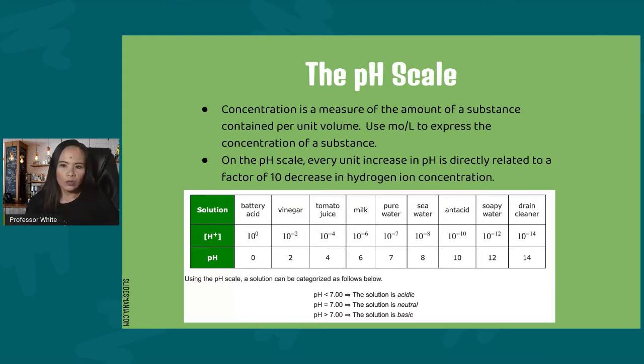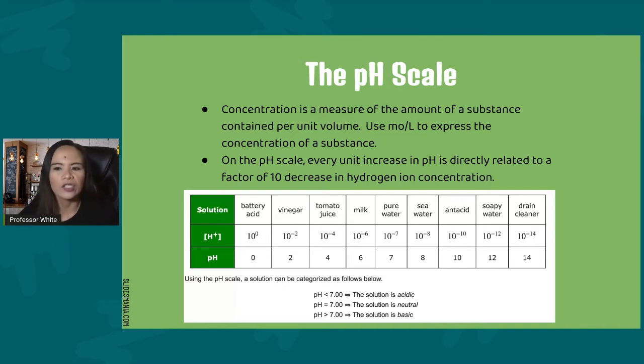Now, the range observed in the concentration of ions in solution is very, very large, and therefore we use what we call a pH scale. Because of that large range, it is ideal to express hydrogen ions on a scale based on a power of 10. So that's why we have this pH scale.